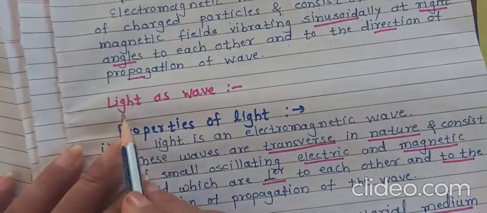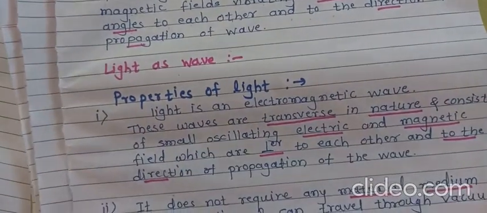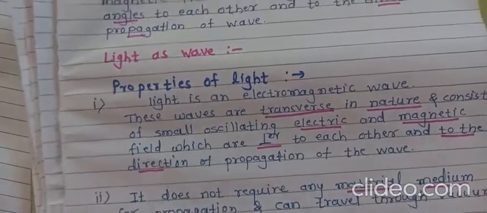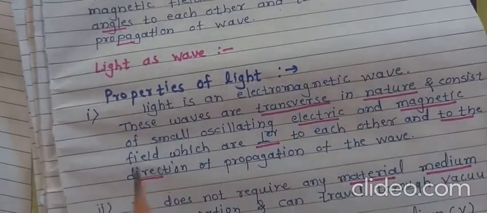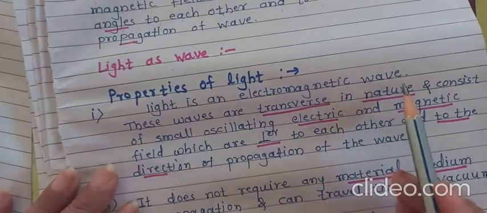Next, light as a wave. We studied the properties of light. Light is an electromagnetic wave.